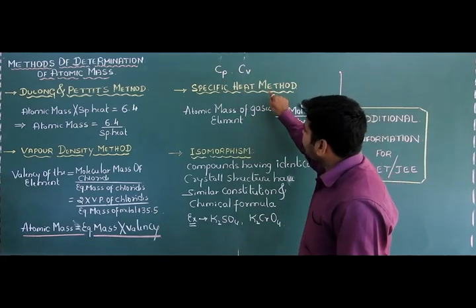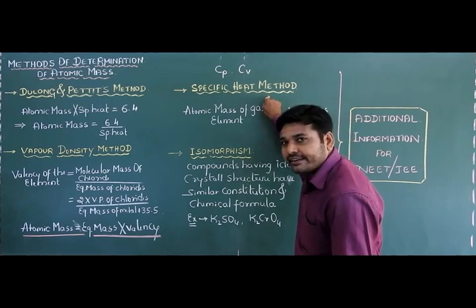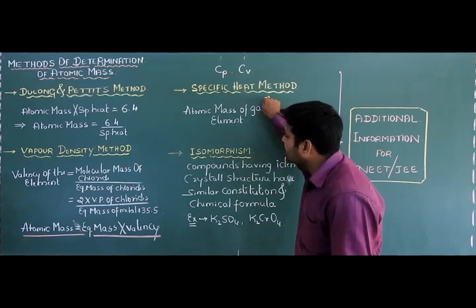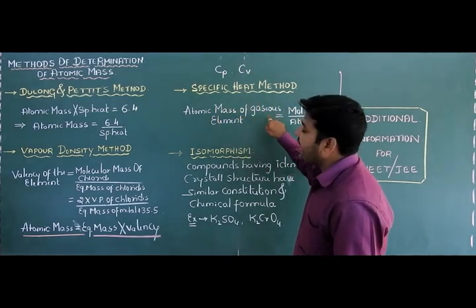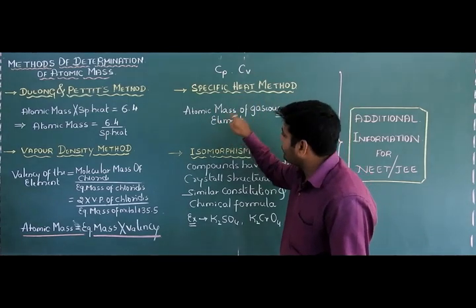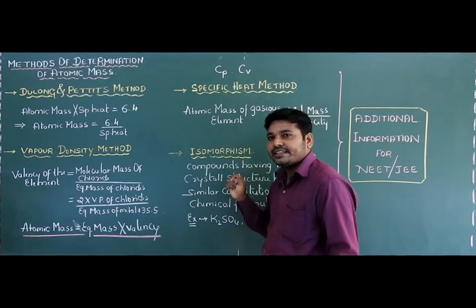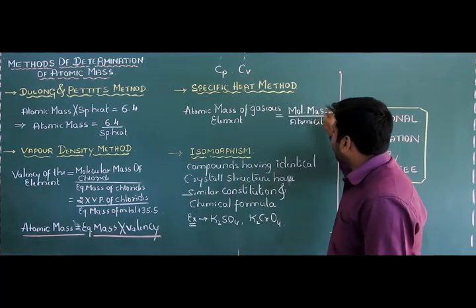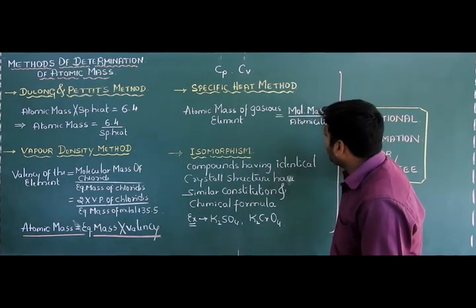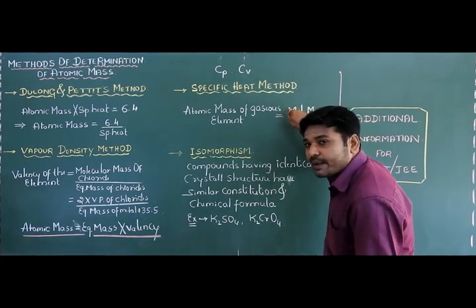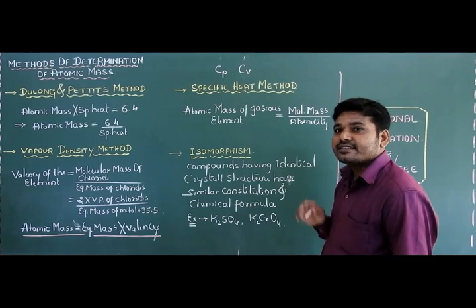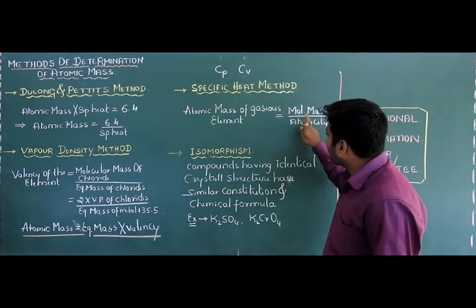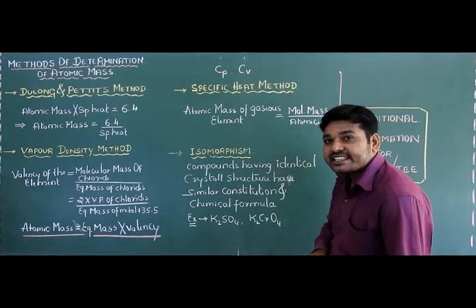And here, according to this third important method, the atomic mass of a gaseous element is calculated by using the formula molecular mass of the chemical substance divided by atomicity. Listen to the formula: molecular mass divided by atomicity.